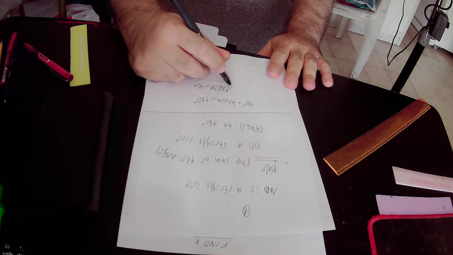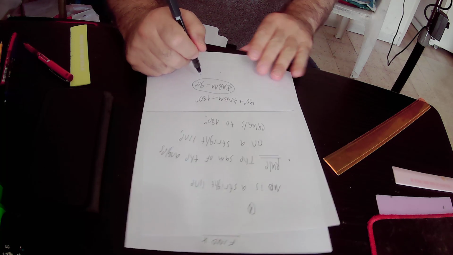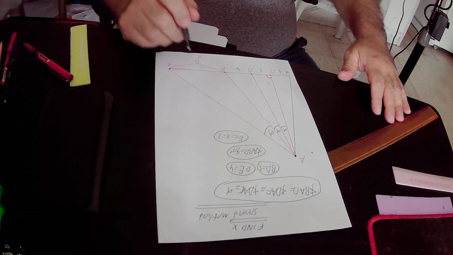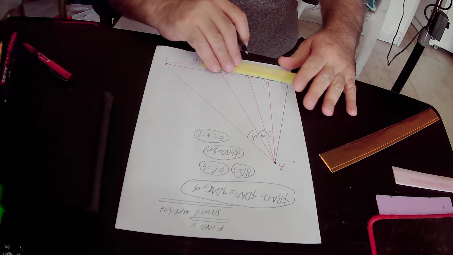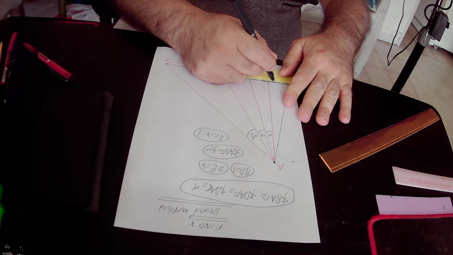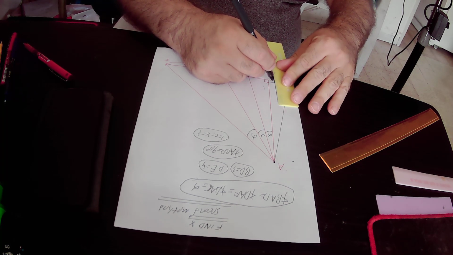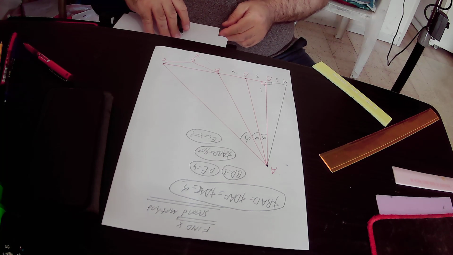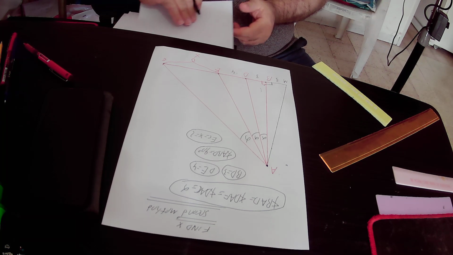So actually angle ABM is a right angle. It equals 90 degrees.